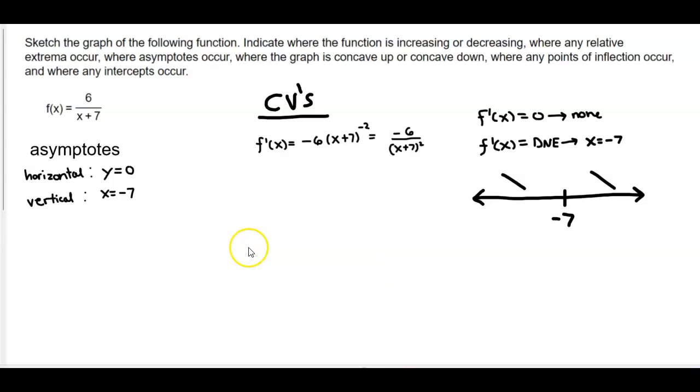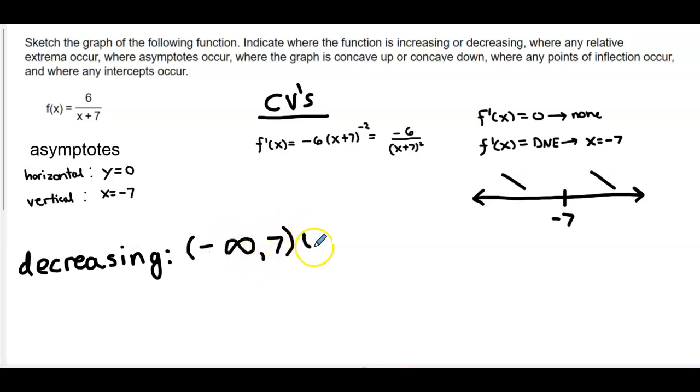So as far as our intervals of increase and decrease is concerned, this function is always decreasing, except for at -7. So we'll say the function is decreasing from -infinity up to -7, and then from -7 onwards.